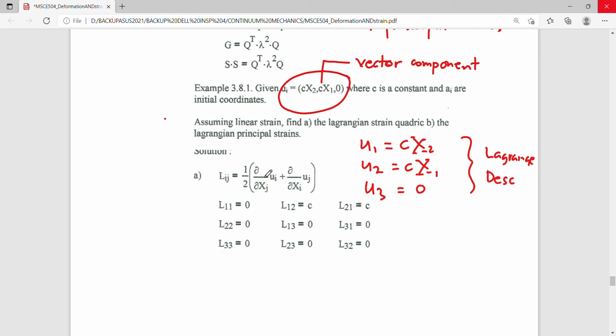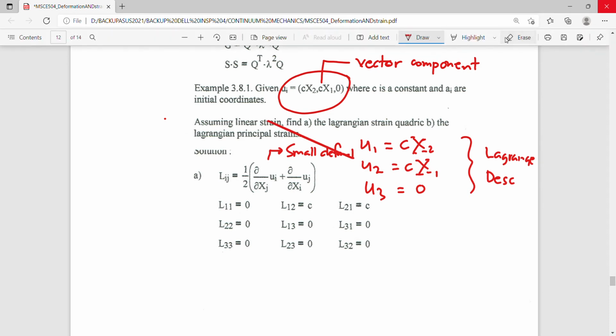So how do I get this L_ij? This is an infinitesimal strain tensor, because there is no product term there. So I use the small deformation theory in this regard. Okay, so what's now the partial derivative?